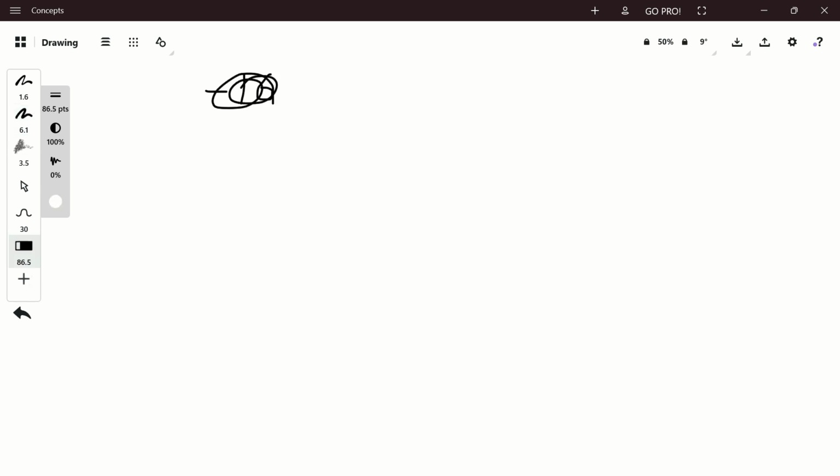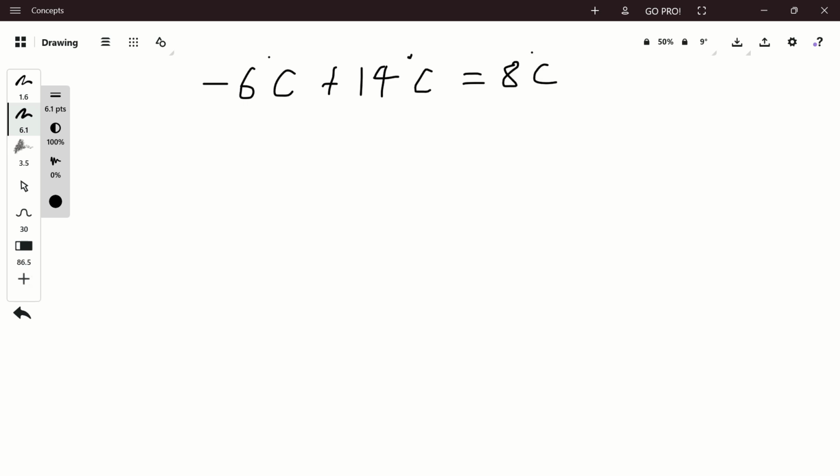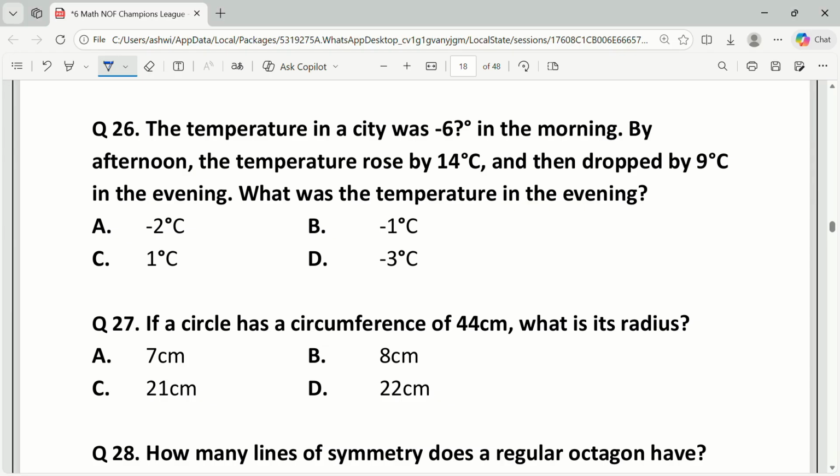That is minus 6 degrees Celsius plus 14 degrees Celsius, which is equal to 8 degrees Celsius. The temperature was 8 and dropped by 9 degrees Celsius. That is 8 degrees Celsius minus 9 degrees Celsius, which is equal to minus 1 degree Celsius. Comparing with the options, the answer is minus 1 degree Celsius.